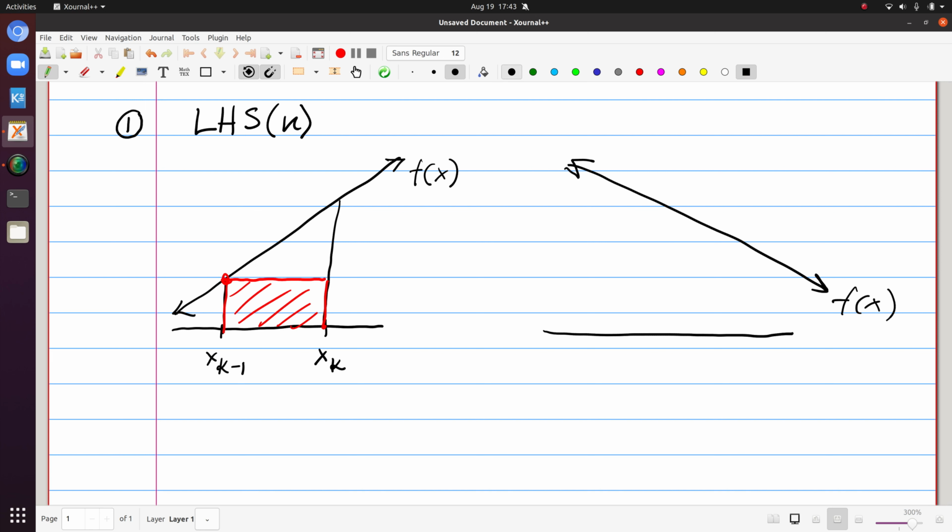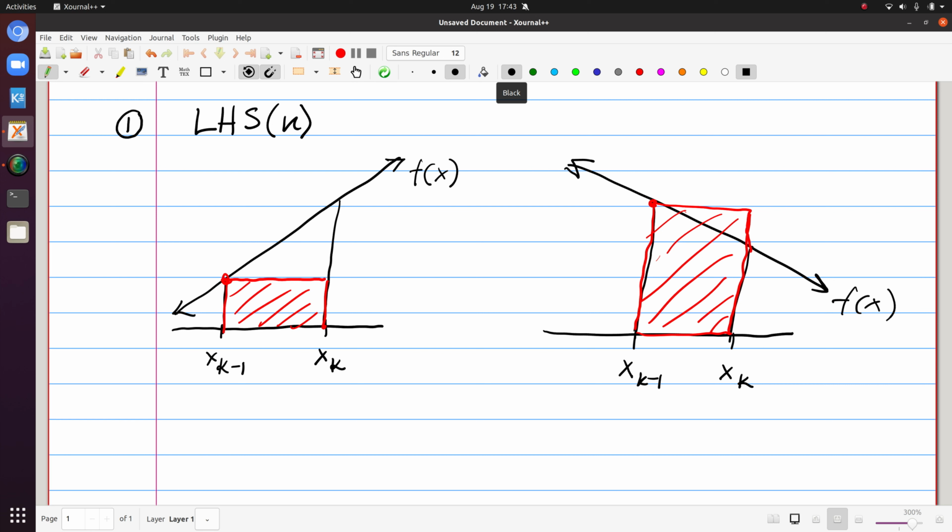And in my other picture over here, let's do the same general idea. I have my generic kth subinterval, and I want to again draw a general left-hand Riemann sum of just this one rectangle. And so here, the rectangle area we can consider shaded. So notice that in my picture on the left, very clearly the rectangle sits inside of the region we're looking at, and the opposite is true on my picture on the right.